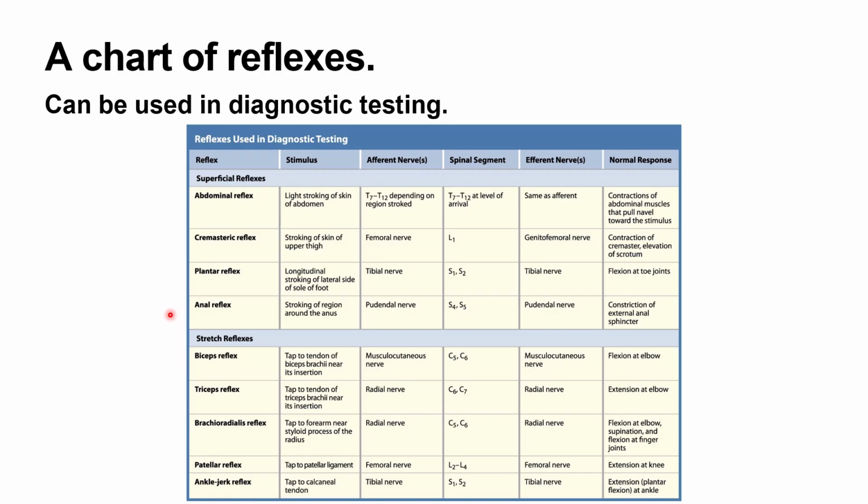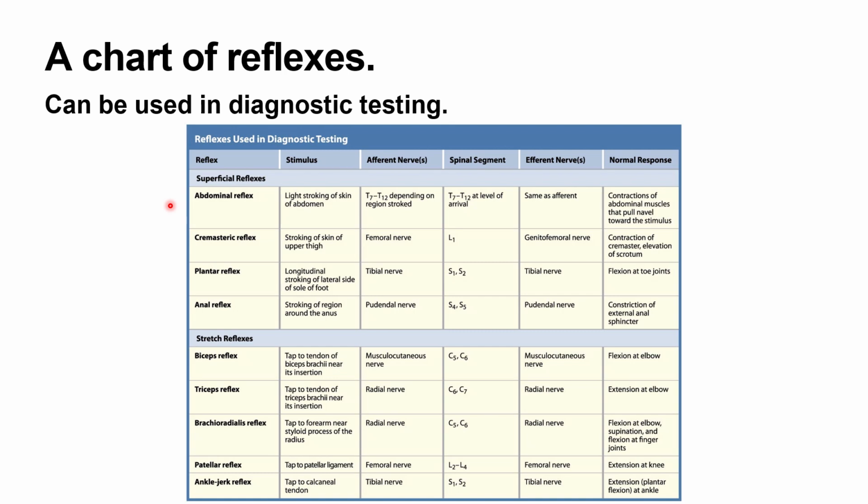When it comes to the superficial reflexes, we want to make sure that we are using these more discriminately, in proper situations, of course. Here's a classic example.